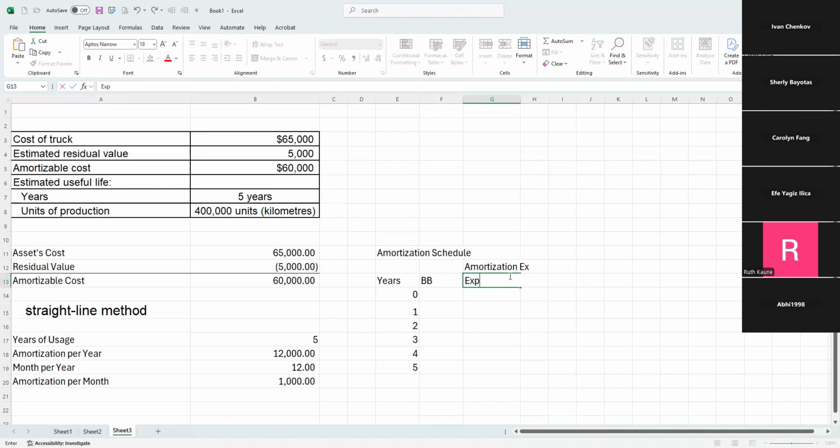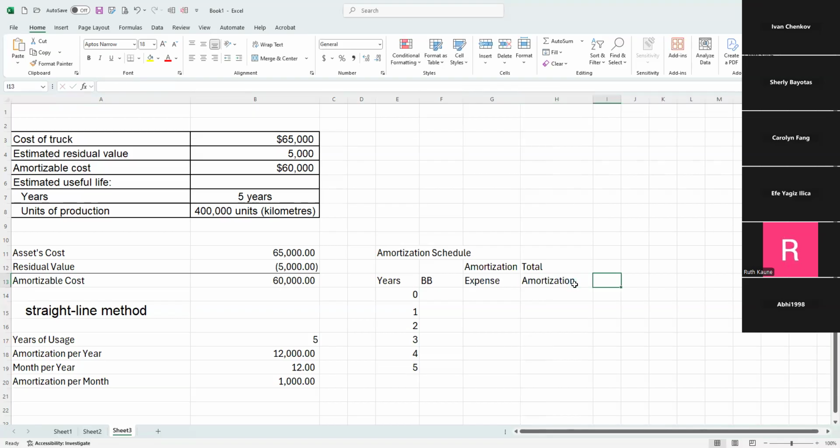Then we're going to have total amortization, which will be accumulation year after year after year. And then we're going to have ending balance.